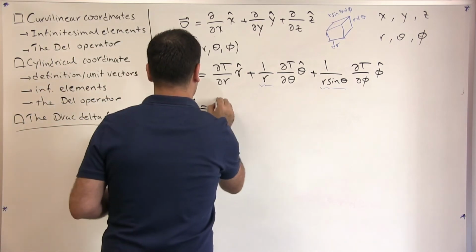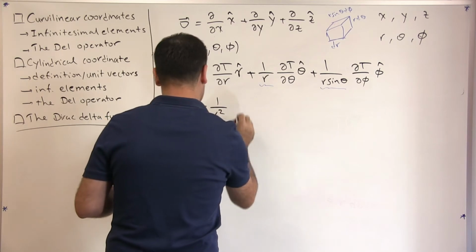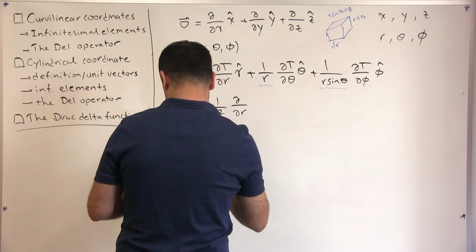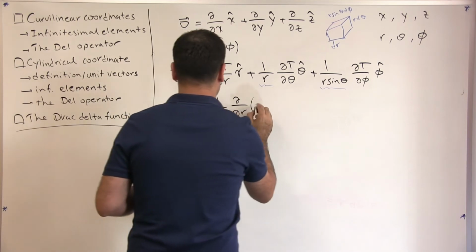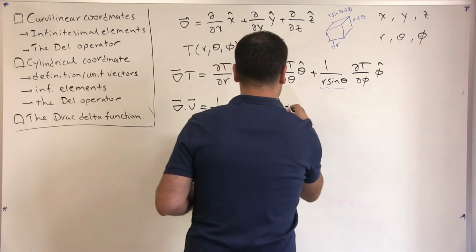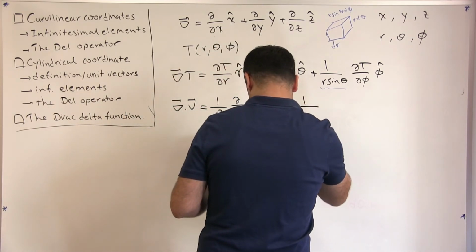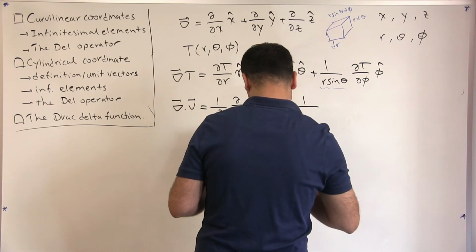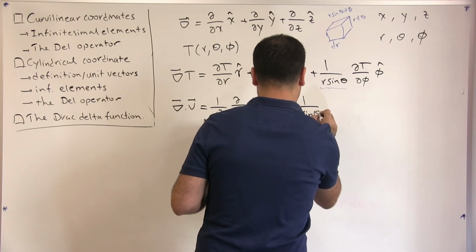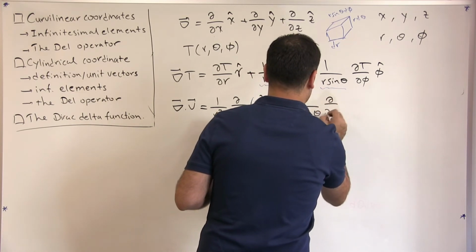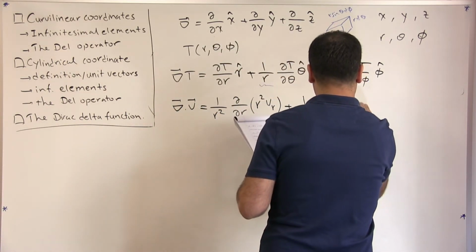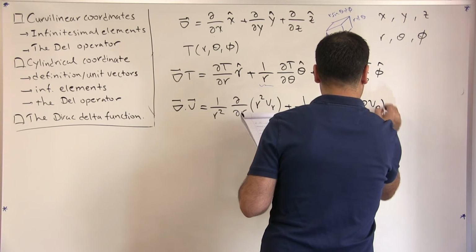And that's going to be 1 over r squared d over dr of r squared v_r, plus 1 over r sine theta d over d theta of sine theta v_theta.